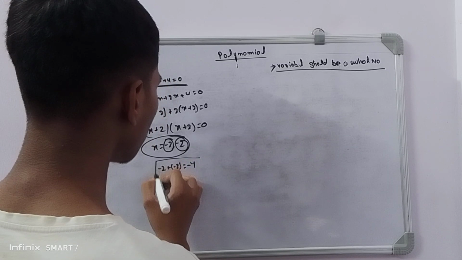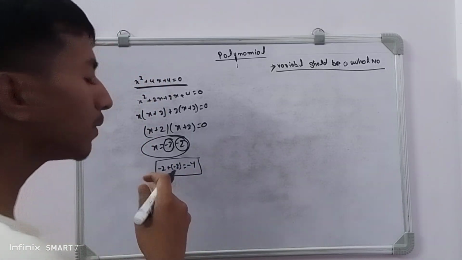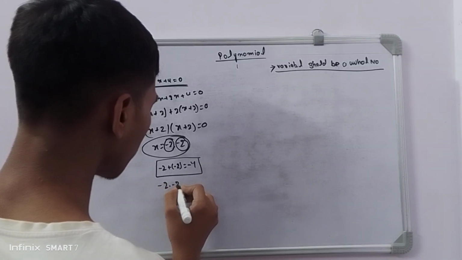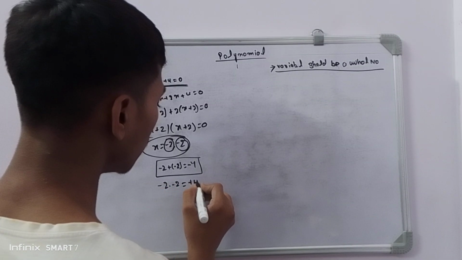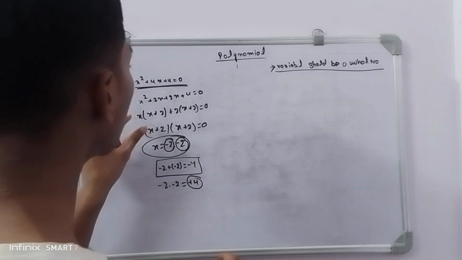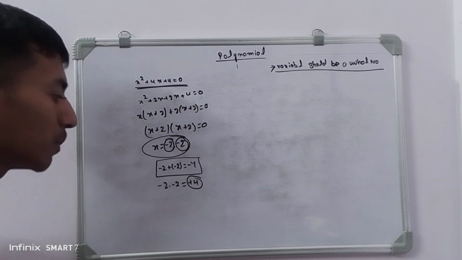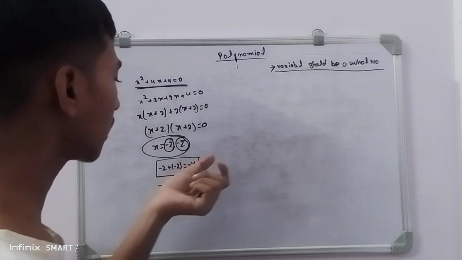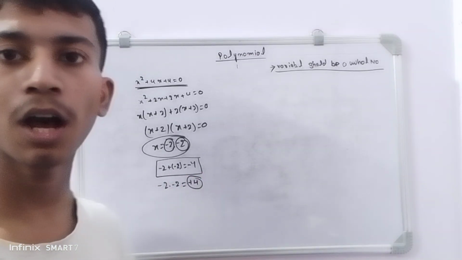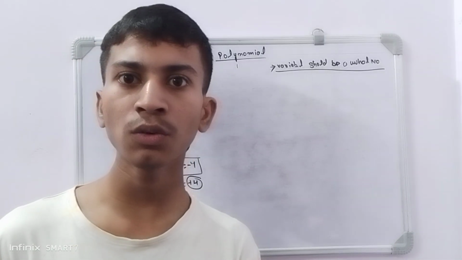And if I ask the product of zeros, that means minus 2 into minus 2, which is plus 4. So you have to go through two processes. First, you find the zeros of the quadratic polynomial through middle term splitting. Then you add to get the sum of zeros, and when you multiply, you get the product of zeros.